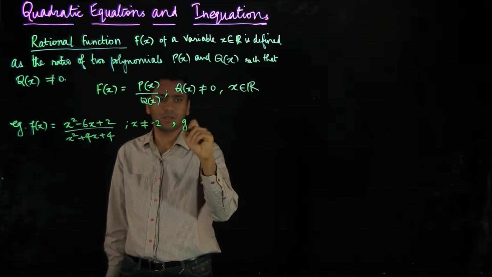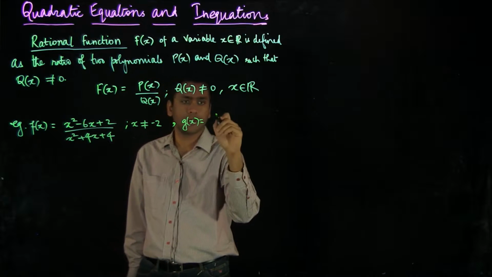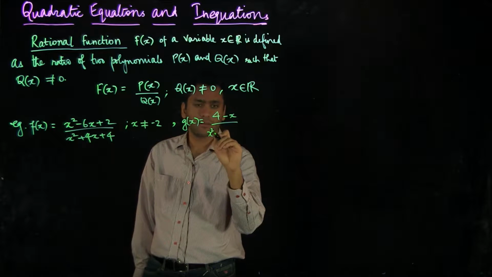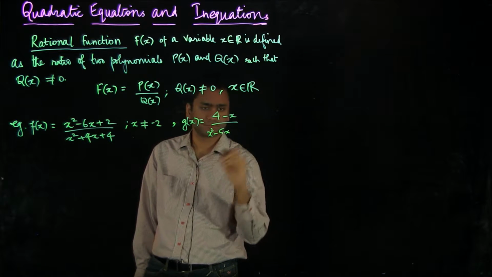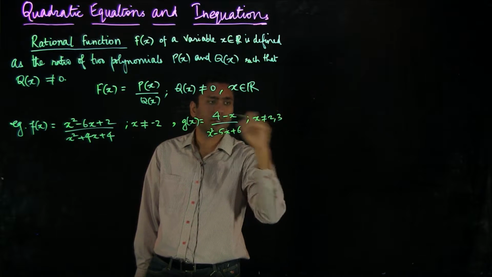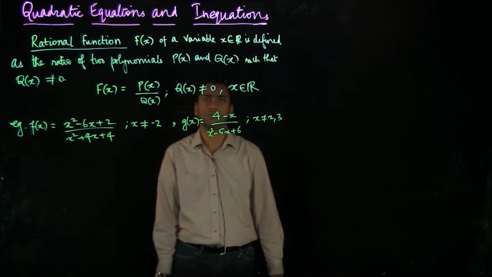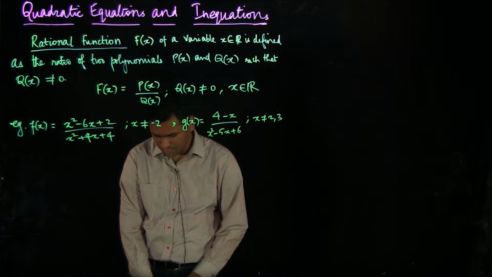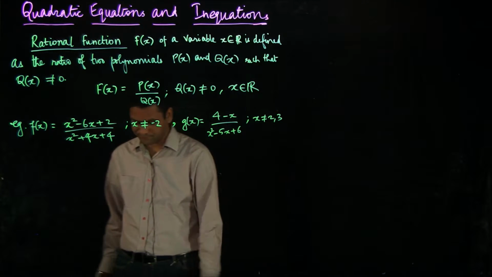You could have g(x) equals 4 minus x divided by x squared minus 5x plus 6. So in this case x cannot be 2 or 3, because otherwise the denominator is 0 and this g(x) would become undefined.